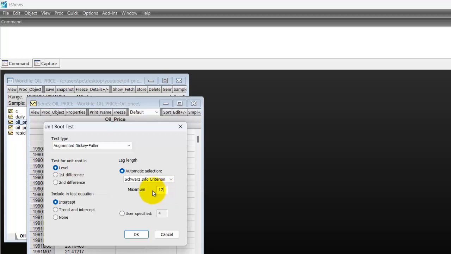So now, if you want to start your unit root test, I would suggest that you should start with none. That is if you want to use the three options under the second panel here.